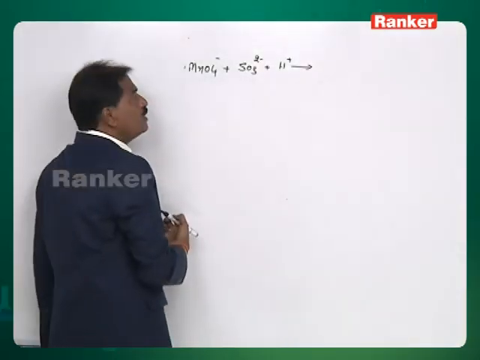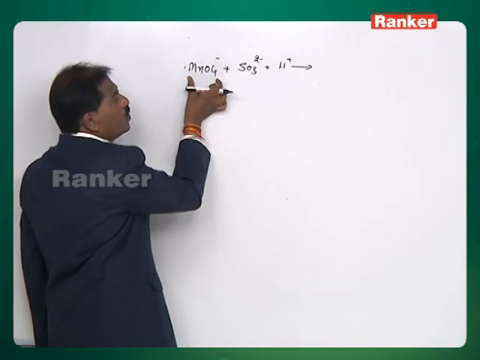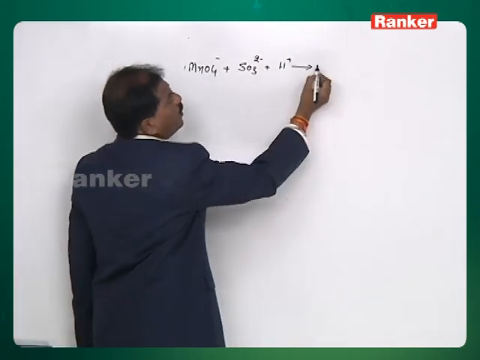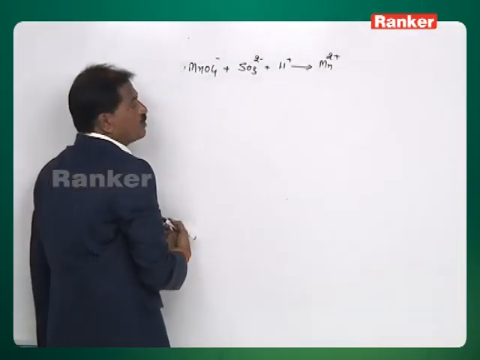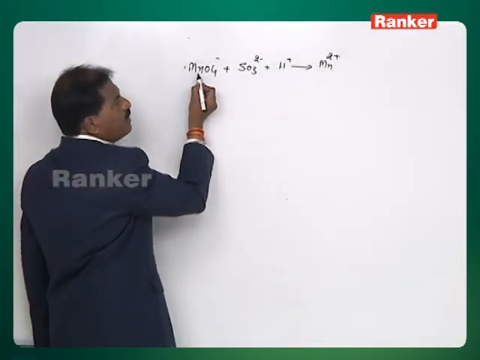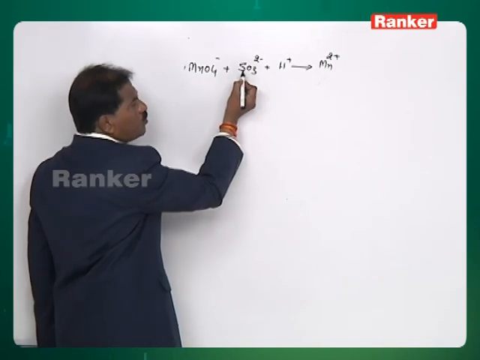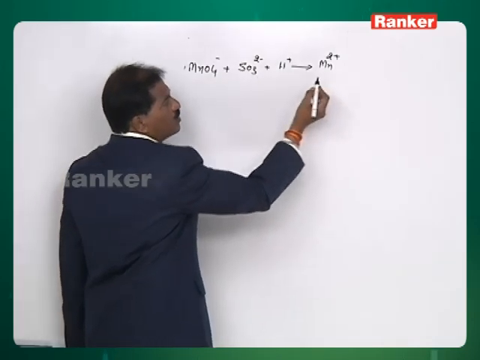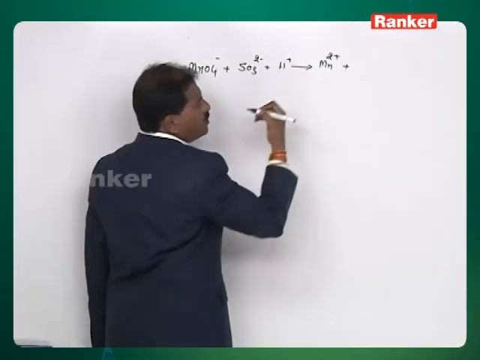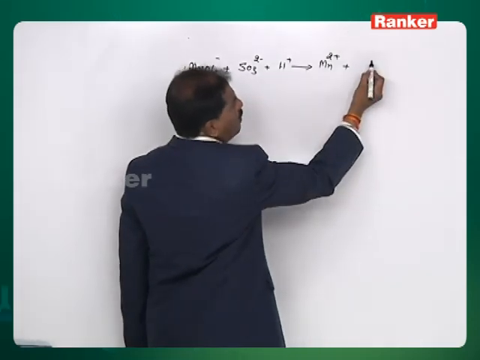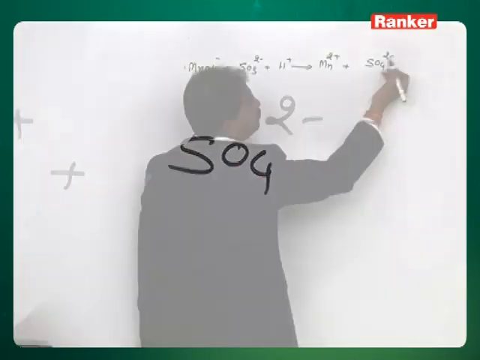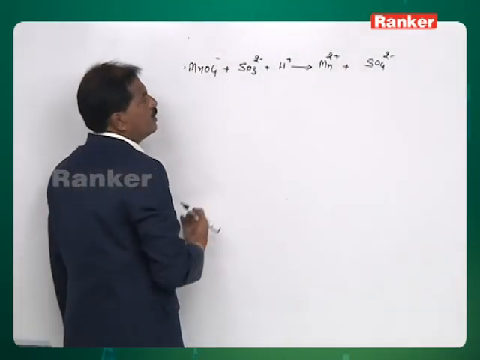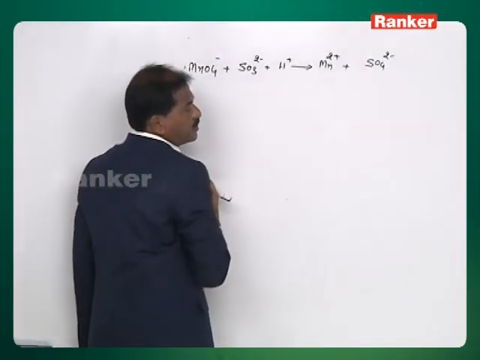In acidic medium, KMnO4 will always reduce to Mn2+. Since it is gaining the electrons, the sulfite ions have to undergo oxidation. If they undergo oxidation, sulfite will always be oxidized to sulfate, SO4 2-. This is sulfite, this is sulfate.